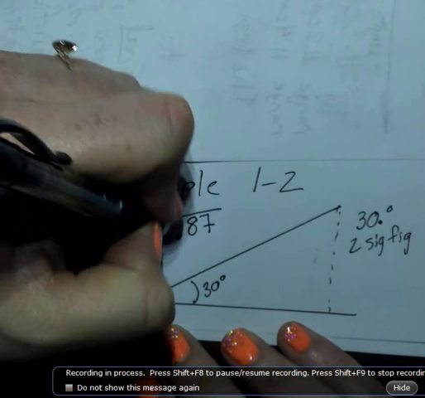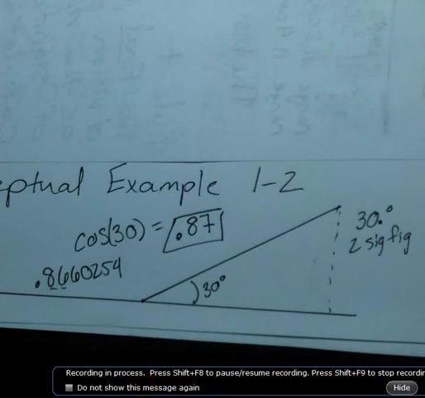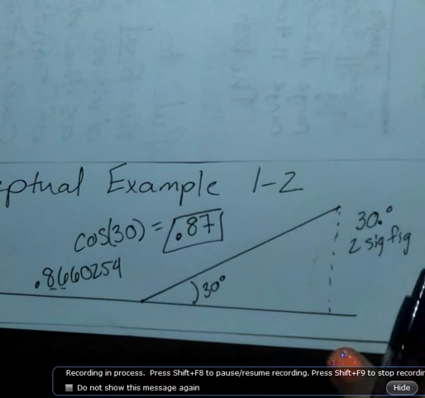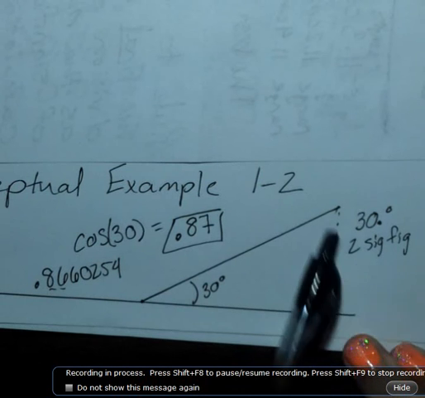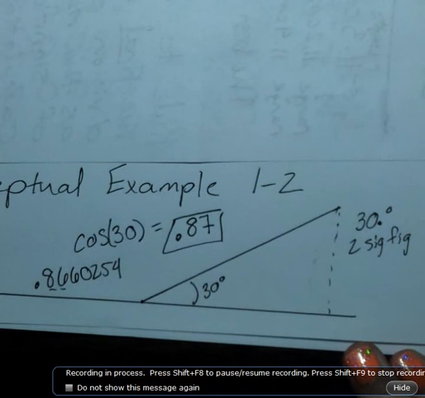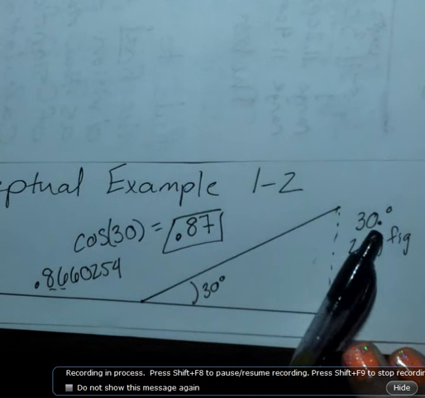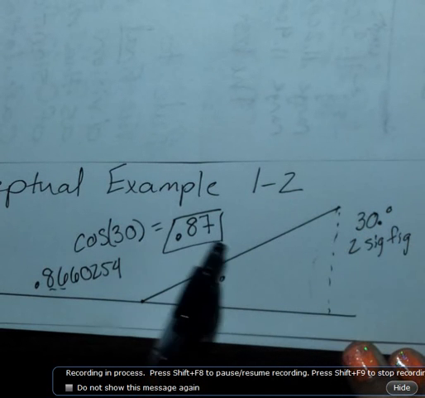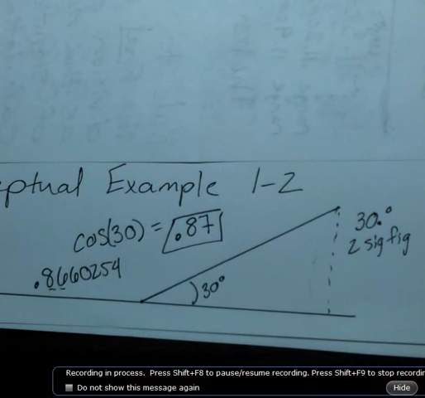All right, and that's going to be our numerical ratio number. That 0.87 was limited by our ability to accurately measure this 30-degree angle. If we'd been able to measure the angle as 30.0, then our cosine of 30 answer would have been 0.866.